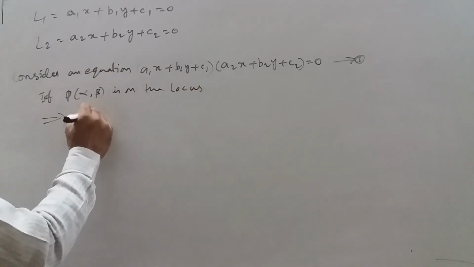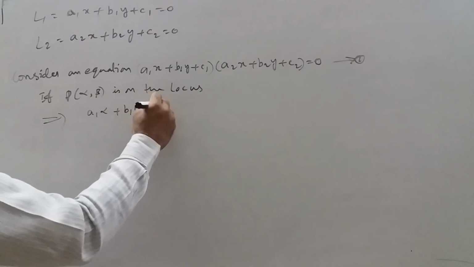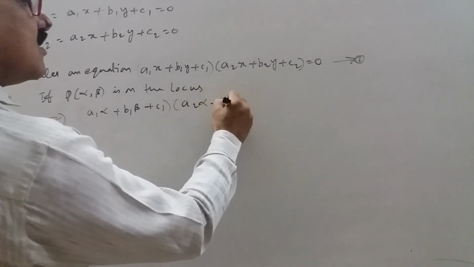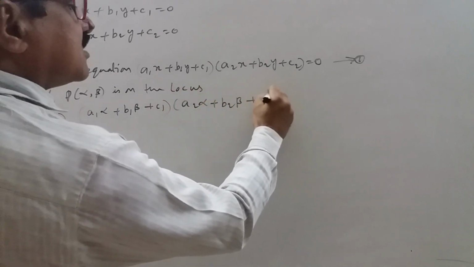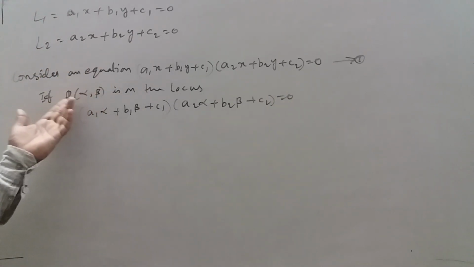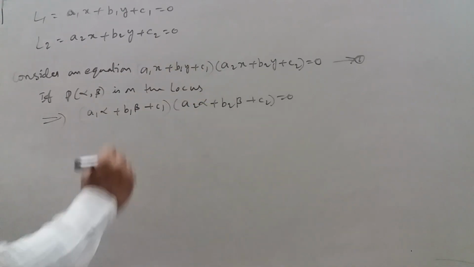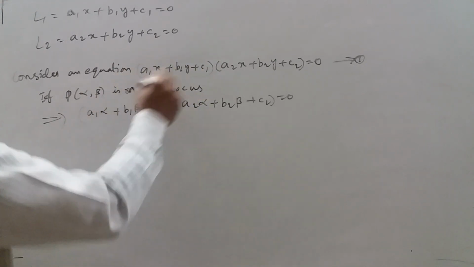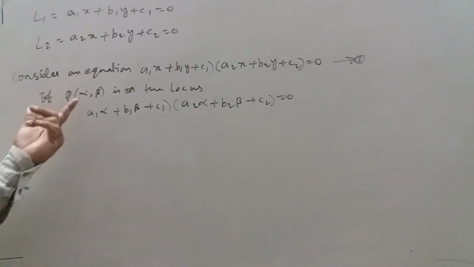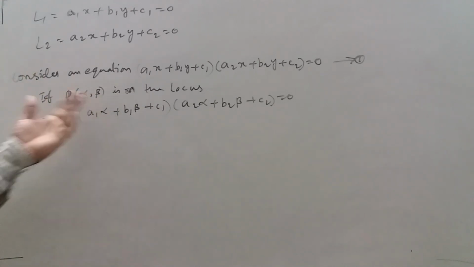That implies a1 alpha plus b1 beta plus c1 into a2 alpha plus b2 beta plus c2 should be equal to 0, since we assume that P(alpha, beta) is on the locus.